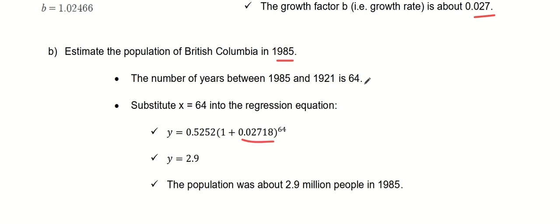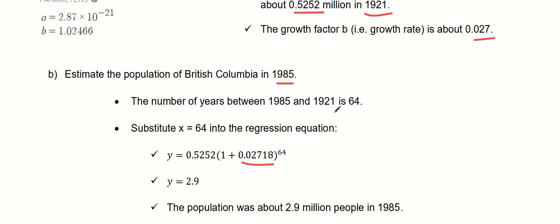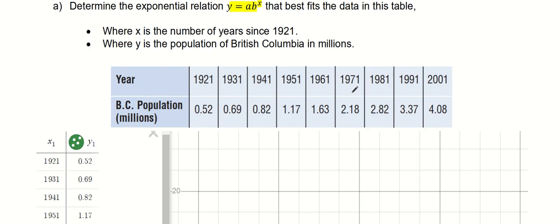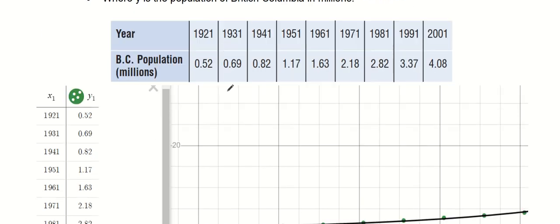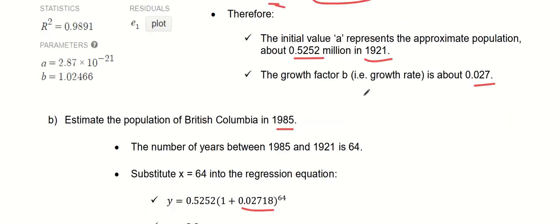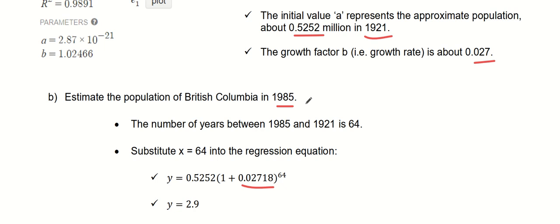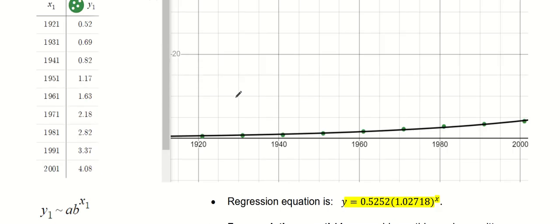So the date you're looking for is 1985. So 1985 minus the initial date, which is 1921. This is the initial date.